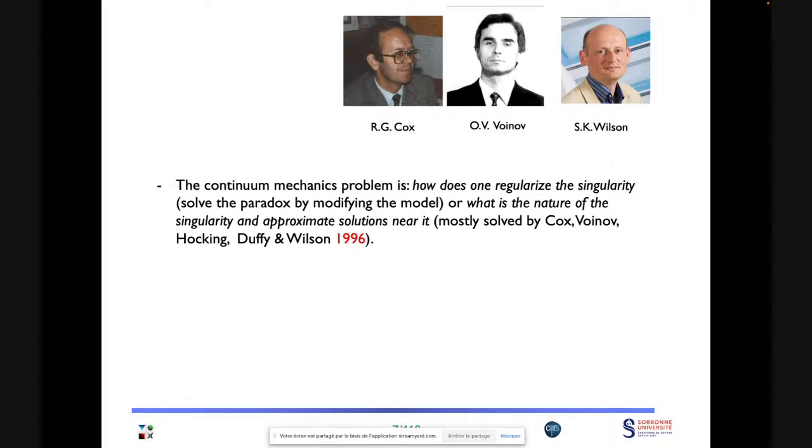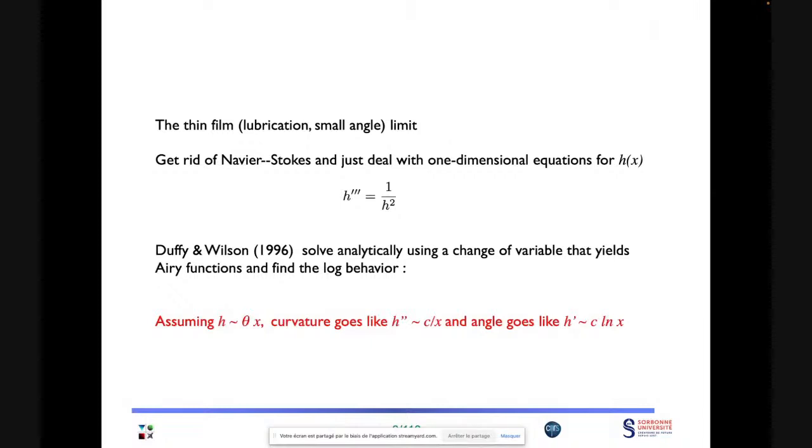I will describe their solution, which does not yet completely regularize the singularity, so we have to do more things, as you will see. Let's consider the first problem, where you don't have any regularization. If you go to the thin film limit, where h is the thickness of the thin film, you get an equation where the third derivative of h is 1 over h squared.